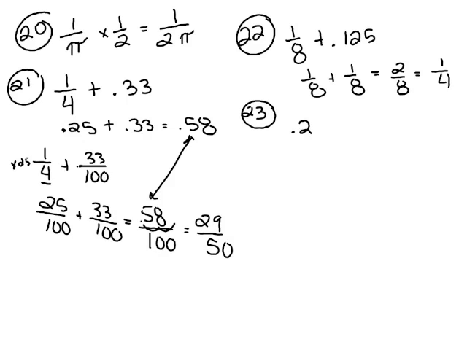Question 23 is 0.25 minus 0.75 plus 0.5. I'm adding decimals.